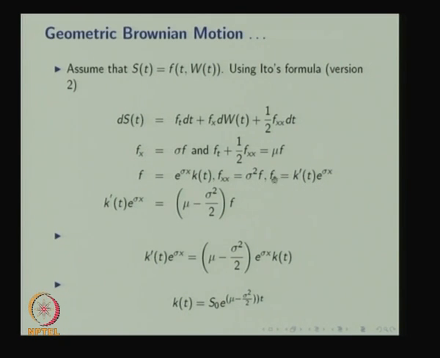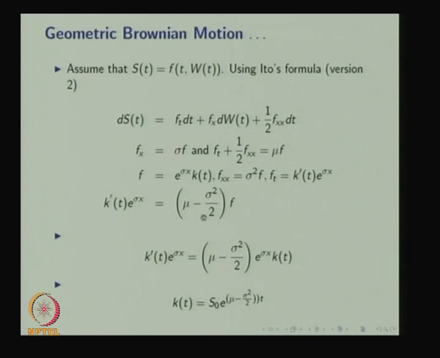So you can substitute f_t here and f_xx here, therefore you will get k dash of t e power sigma x is the same as mu times f minus sigma square by 2 times f. Therefore, substituting f_t and f_xx in this equation, you will get k dash of t e power sigma x is equal to mu minus sigma square by 2 f.